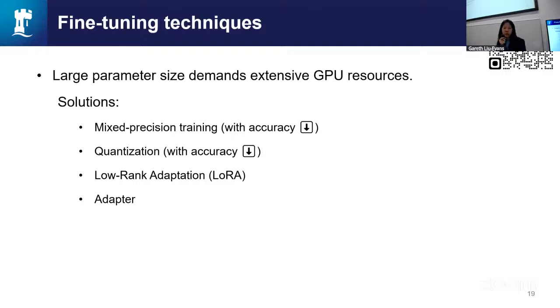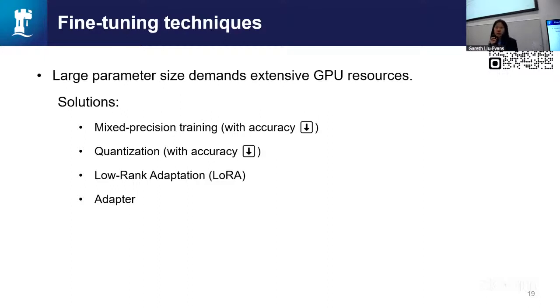The mainstream methods are, first, mixed precision training, and next, quantization. These two are really mainstream and everyone uses them now, but they may cause a little bit of accuracy decrease, while saving lots of GPU resources.